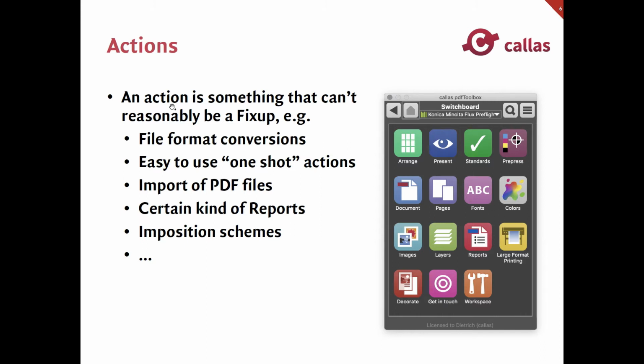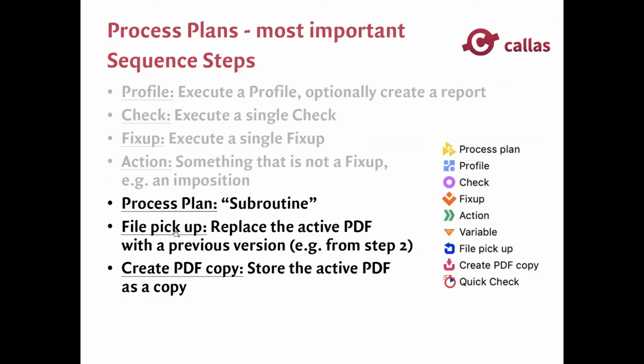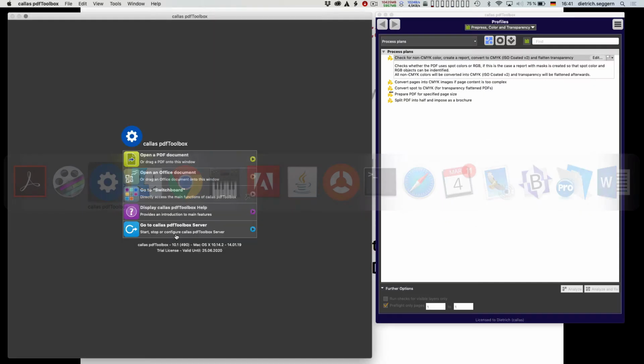And basically an action is something that can't reasonably be represented by a fix-up, a conversion, or an import of a PDF file into your current PDF file, or an imposition scheme, for instance. And let's have a look at that as well.